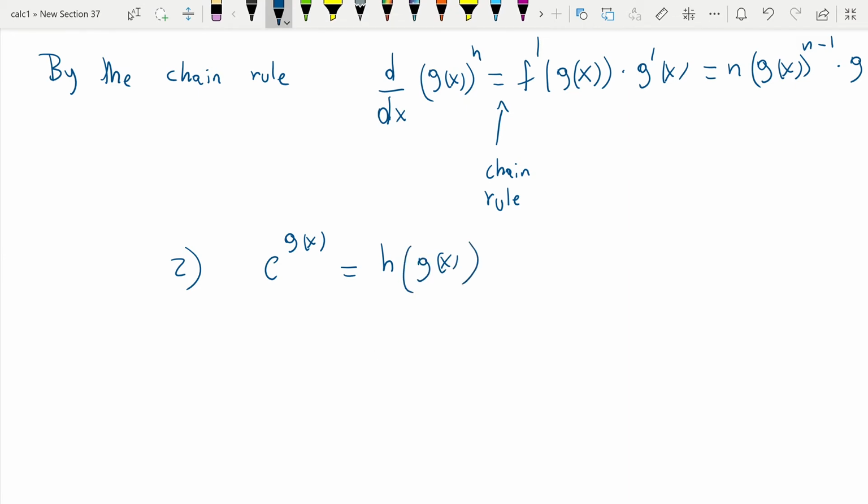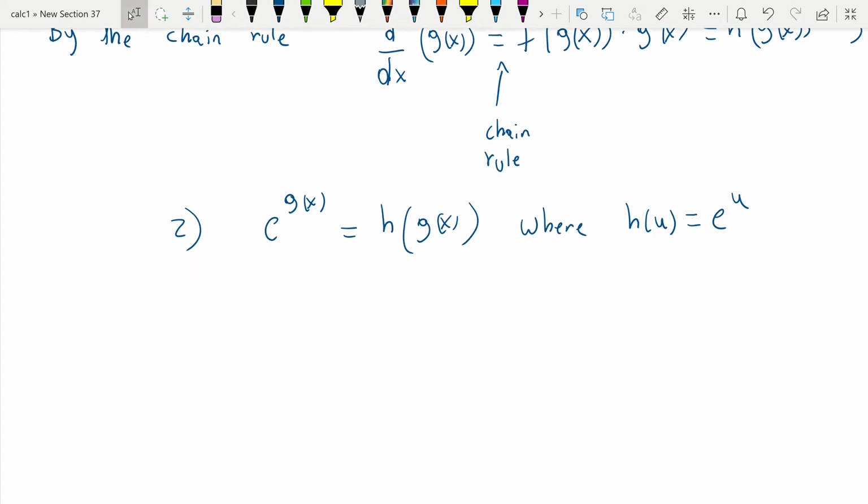What is h? Well, it's just e to what's inside, as we did for the power case. So h of u is just the exponential function, e to the u.